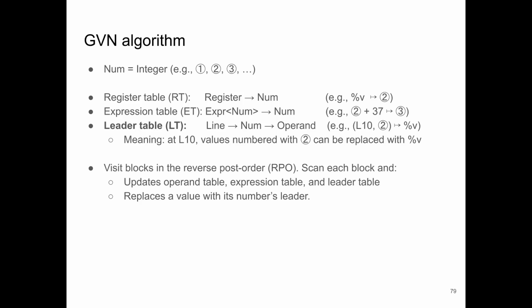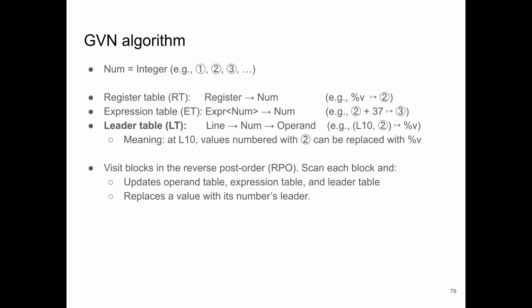In the leader table, it is going to assign an operand for each program counter or line number with a number, and it is assigned with an operand. So, for example, this entry means that at line 10, we have the leader value or canonical value for number 2, and number 2's canonical value at line 10 is %v.